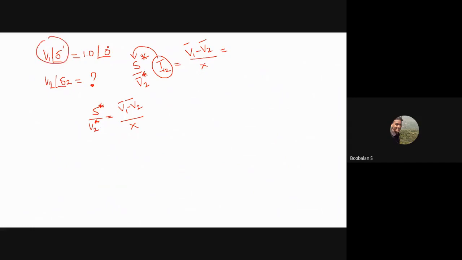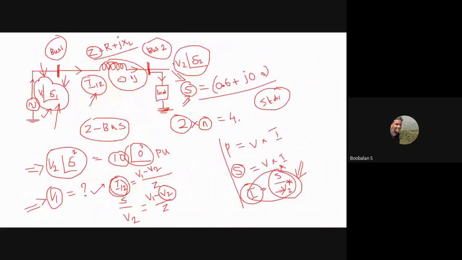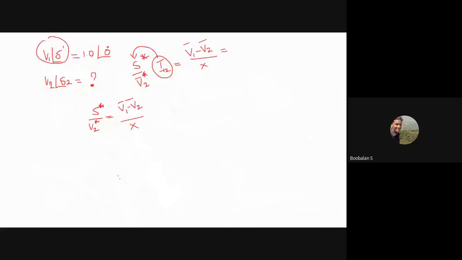Now v1 is given and we need to calculate v2. Just substitute the values we already know. The value of S is 0.6 plus 0.3j, both positive, and we need to use the complex conjugate, so 0.6 minus 0.3j.